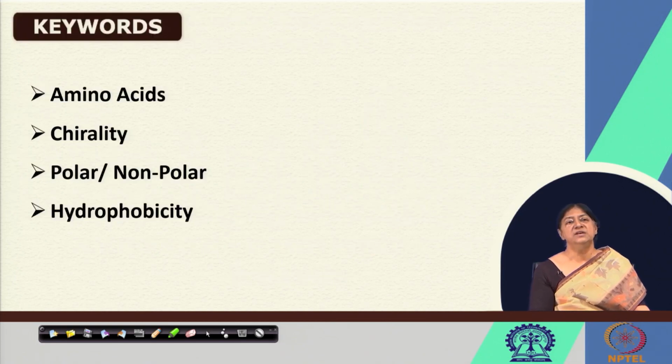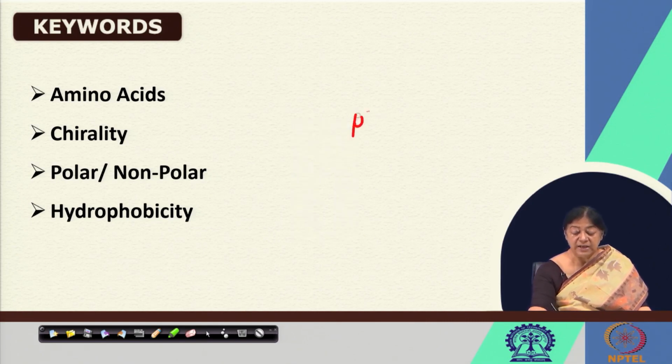So, what we learned here was the amino acids, their chirality, the polar non-polar aspects of them, and the hydrophobicity, and an understanding of how we can calculate the pI, the isoelectric point of a protein. What is this isoelectric point?